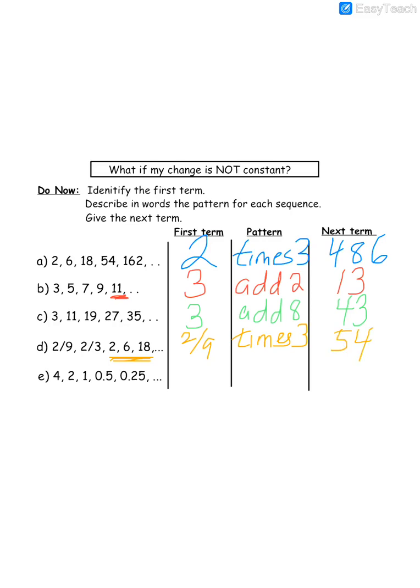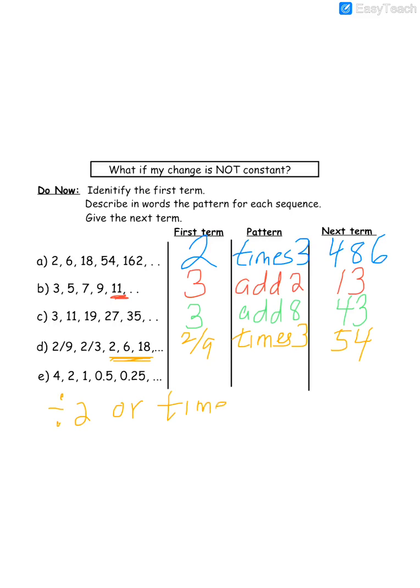Okay. How about letter E? 4, 2, 1.5, 0.25. So it looks like I'm dividing by 2. A lot of people think that you're dividing by 2. 4 divided by 2 is 2. 2 divided by 2 is 1. 1 divided by 2 is a half. I agree. But there's another way of saying it, and we really want to keep it in the times or adding.